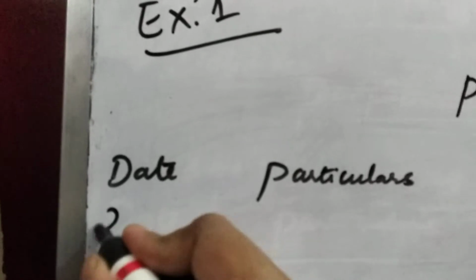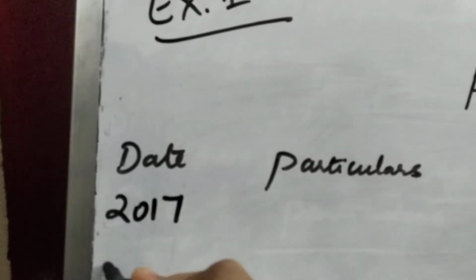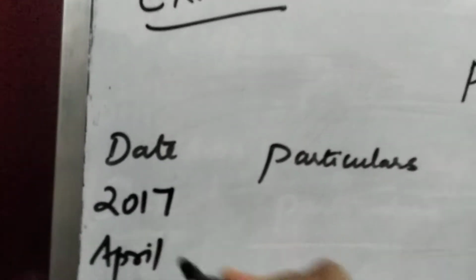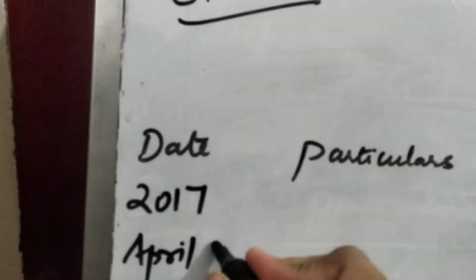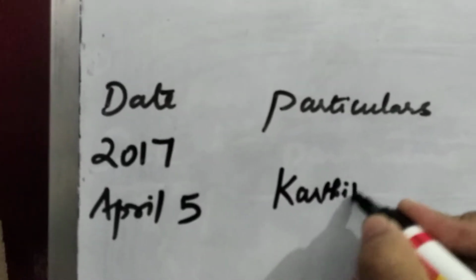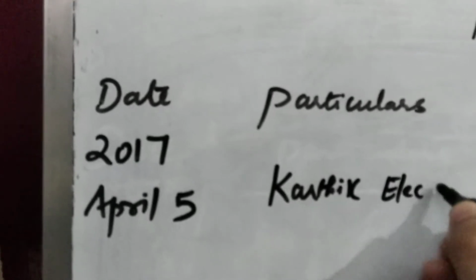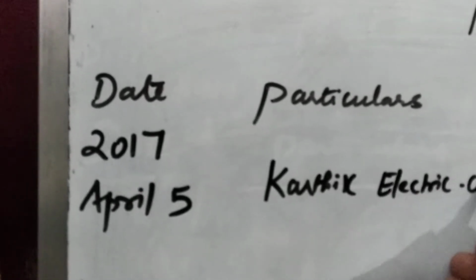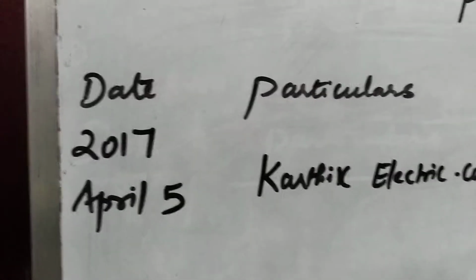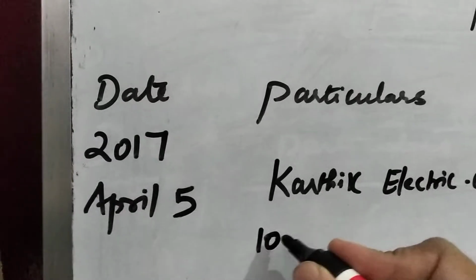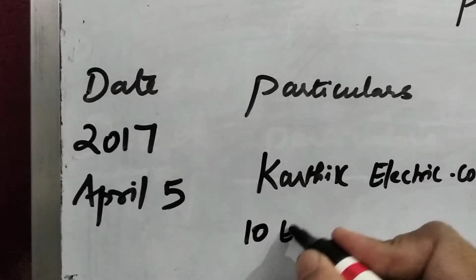So, 2017 April, 5th of April, you have the Karthik Electric Company. So we have purchased 10 electric iron boxes.